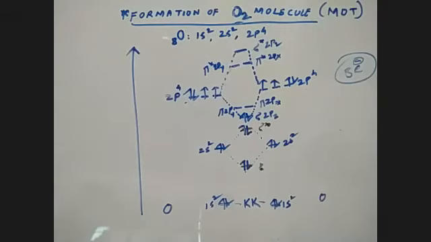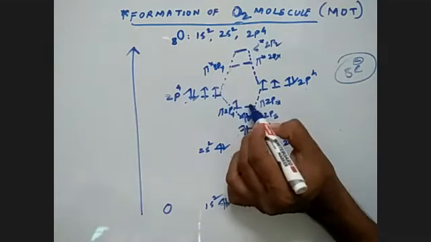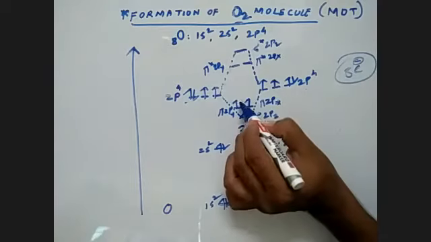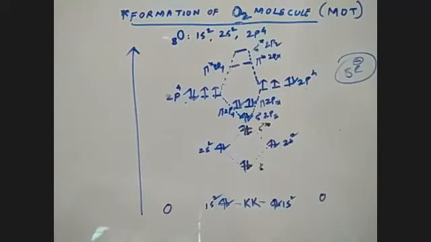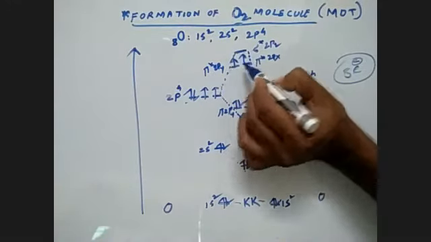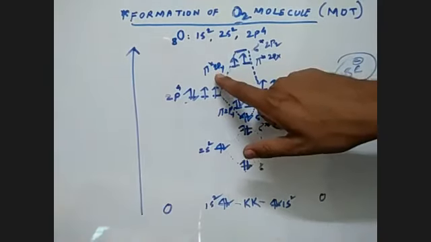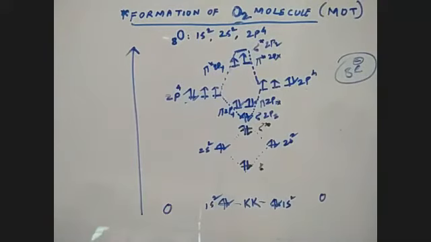Fine, 2 here. Then 1 in the same energy, again 1. How many are over? 6 are used. Only 2 are left. 1 will be here and 1 here, because these two orbitals, pi star px and pi star py, are the same in energy. So like this we can fill them.